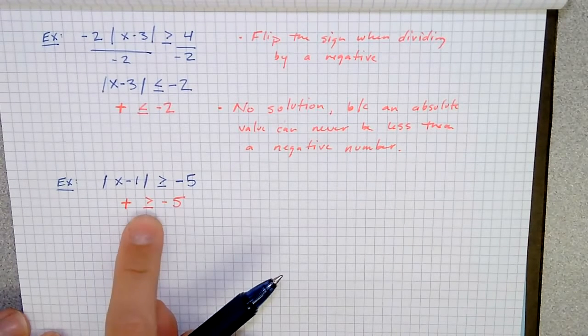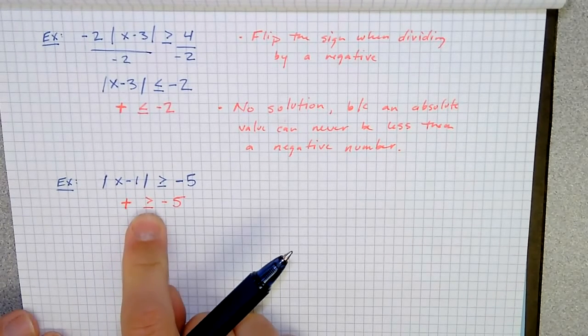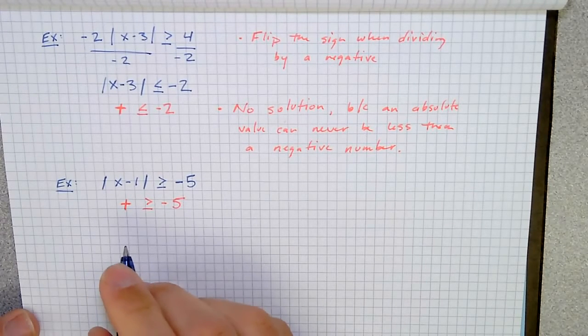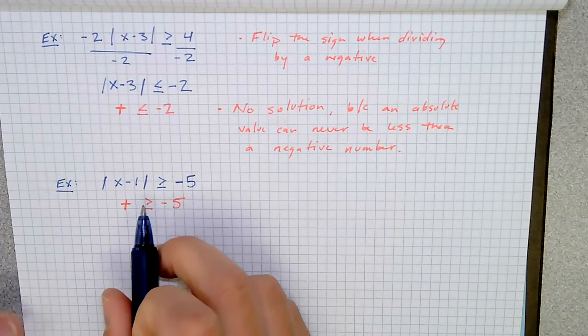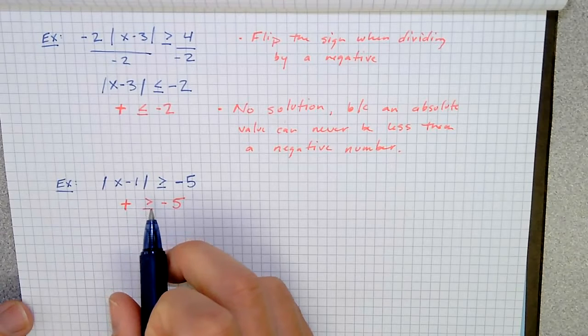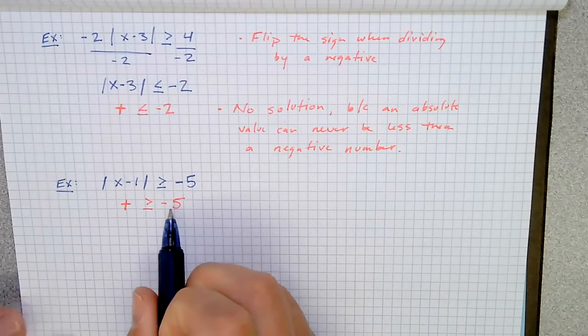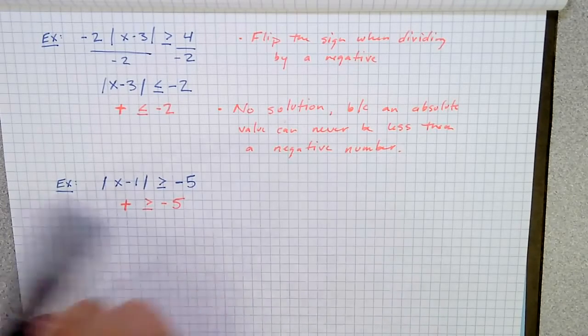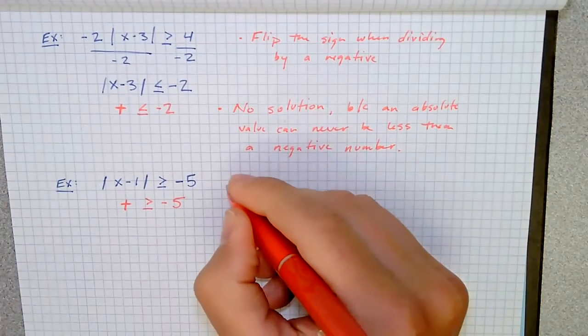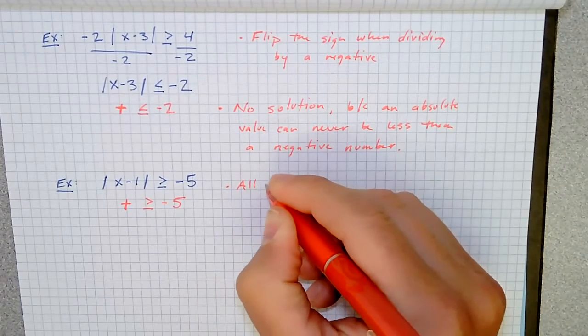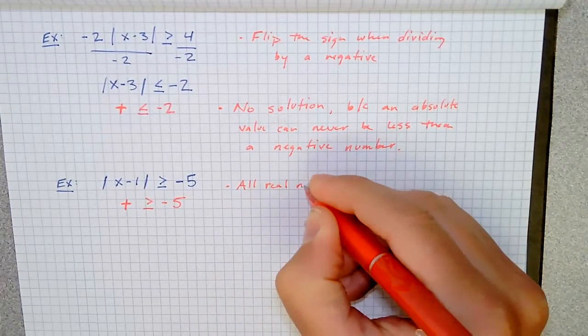So when is a positive number going to be greater than a negative number? Never or always? Always, right? A positive number is always going to be greater than a negative, in this case, 5. So if you get something that looks like this, all real numbers are going to be solutions.